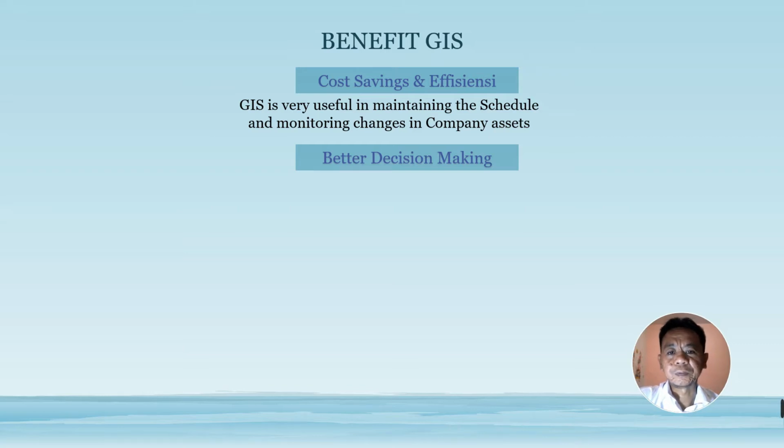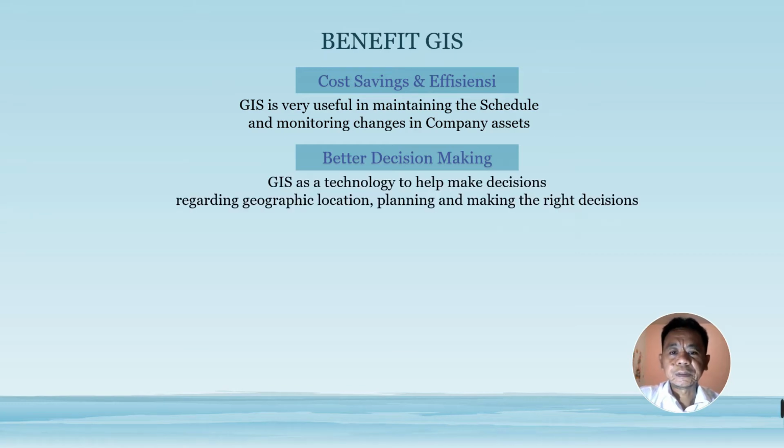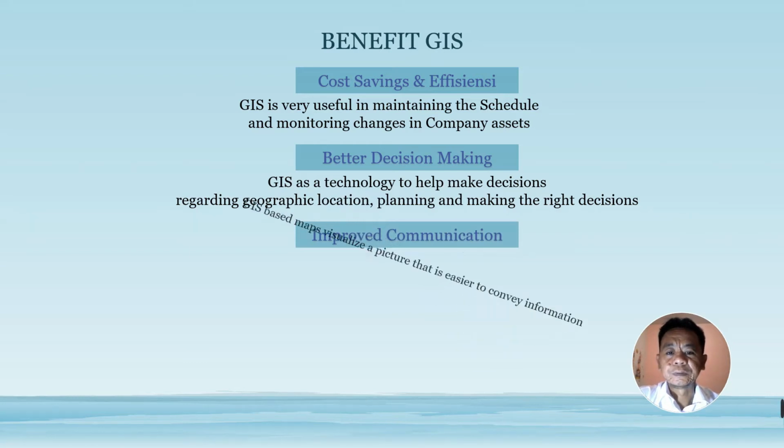Yeah, because we know the location and we know how the infrastructure is in the field condition, and then the history. GIS is technology to help make decisions regarding geographic location planning and making the right decision. Third is improved communication. Why?